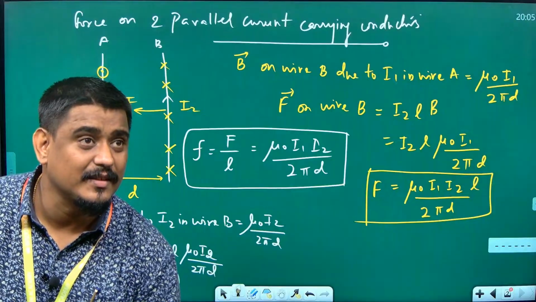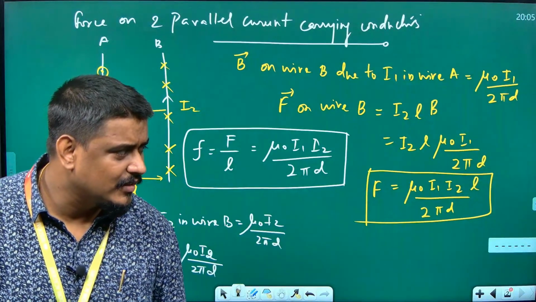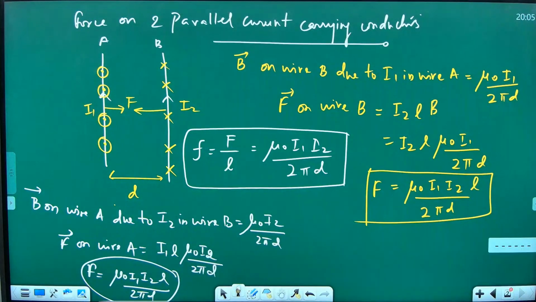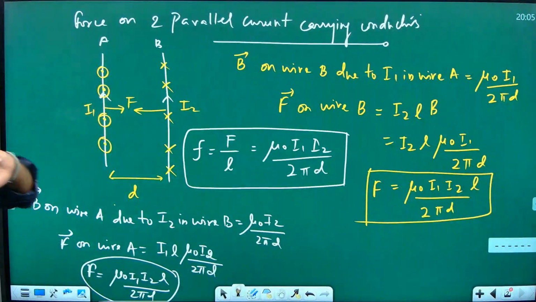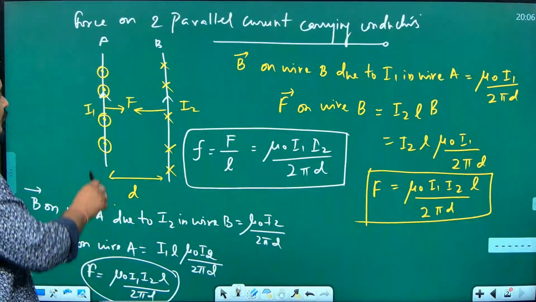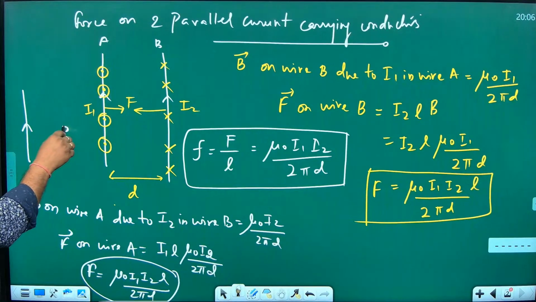Why do they find the magnetic field due to I1, sir? Why are they finding the magnetic field due to the current I1, you are asking? What I am doing, pay attention. Because of one wire, I am finding how much magnetic field is produced here.